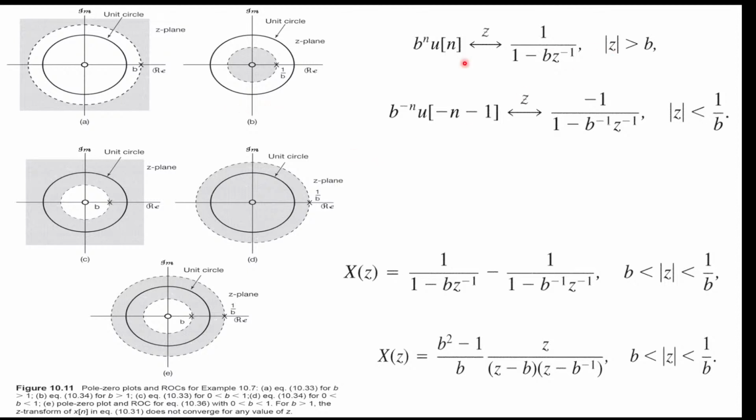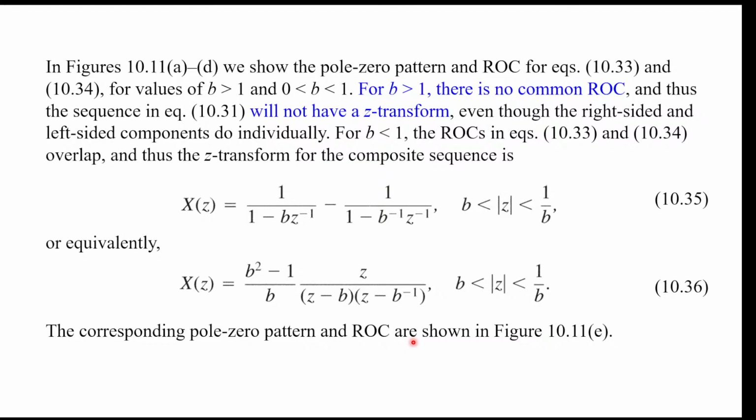When b is less than 1, we have this overlapping ROC, so z is between b and 1 over b. And X of z, you can write everything together into this rational function of z. Okay, and that's what happened.